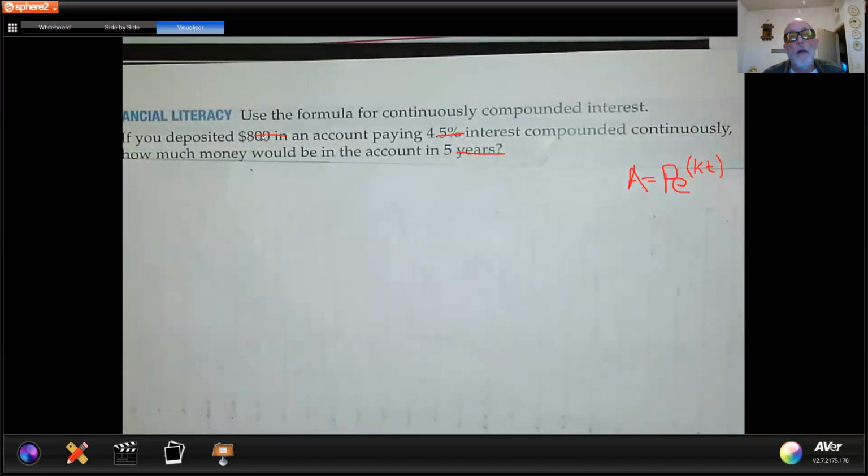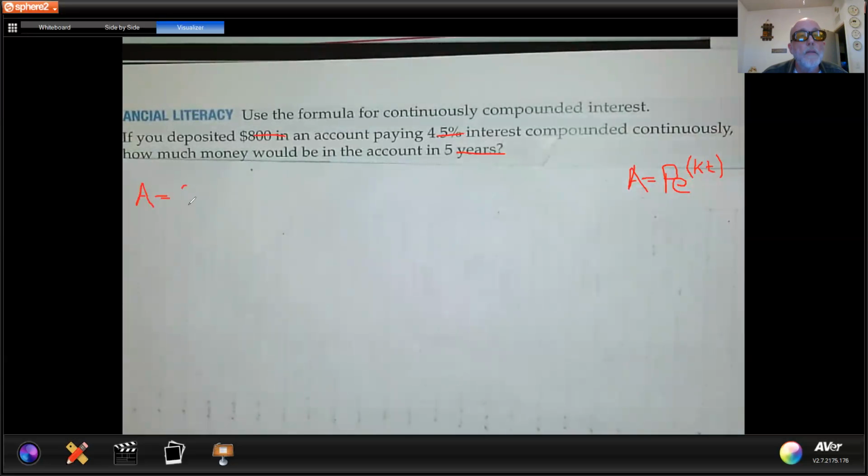So all I have to do is solve this problem. How much money is there if I start with 800 and 4.5%? Remember, you have to make that into a decimal.